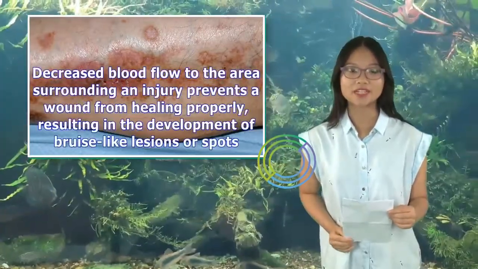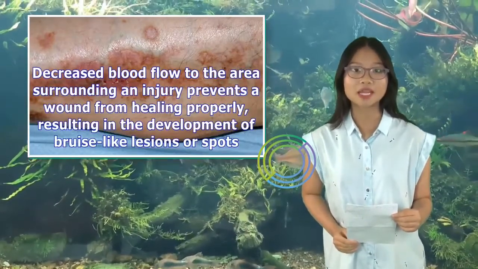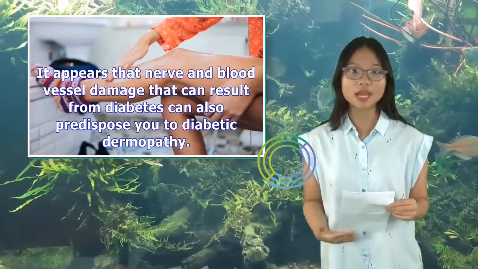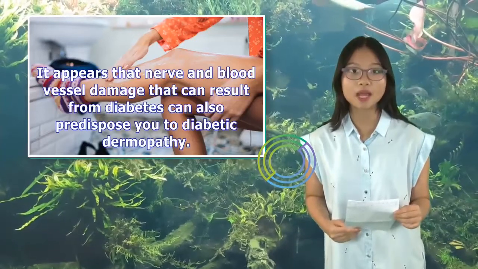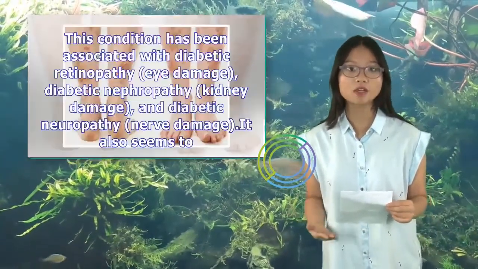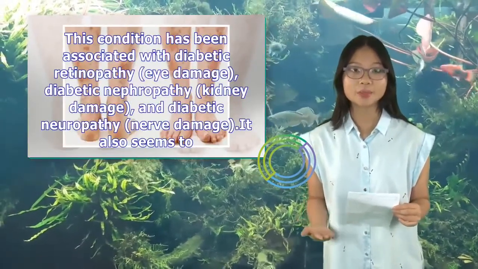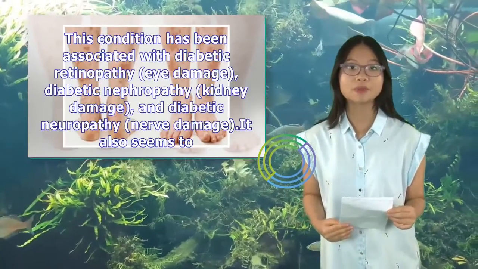Decreased blood flow to the area surrounding an injury prevents a wound from healing properly, resulting in the development of bruise-like lesions or spots. It appears that nerve and blood vessel damage that can result from diabetes can also predispose you to diabetic dermopathy. This condition has been associated with diabetic retinopathy, eye damage, diabetic nephropathy, kidney damage, and diabetic neuropathy, nerve damage.